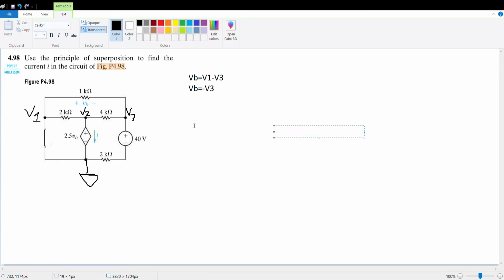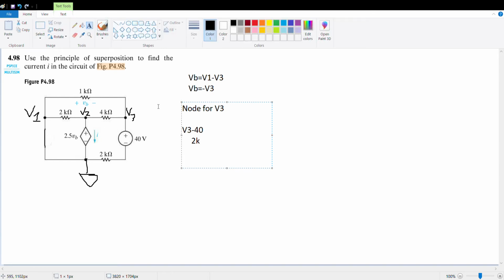Alright, so we're going to establish our node equations. The node equation for V3 is V3 minus 40 over 2 kilo ohms, which is the current leaving this node towards the ground.